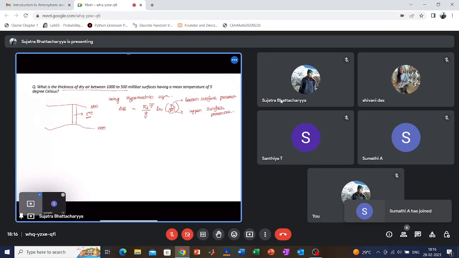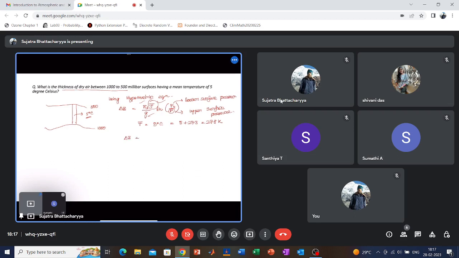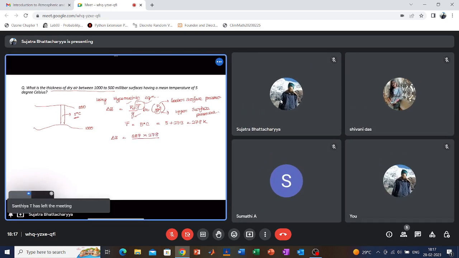Fine. Now T bar is given to be 5 degrees Celsius. So 5 degrees Celsius will be how much? 5 plus 273, that is 278 Kelvin. So the temperature T bar is now known, G is already known, RD is known, that is 287. The P naught and P are also known. So you can easily calculate the thickness between the two pressure surfaces. So delta Z will be equal to 287 into 278 divided by 9.81 log of 1000 by 500.